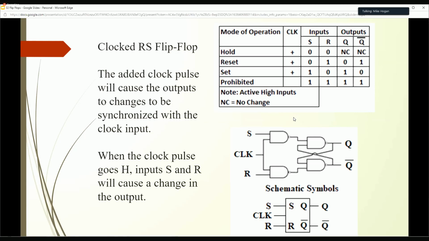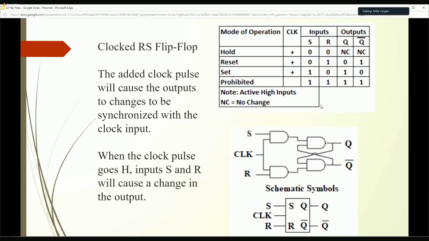They're all triggered off of that leading edge. And so as soon as you get that low to high transition, then whatever those inputs are, you're going to get the output on Q. And it's going to hold it there until it gets another positive clock pulse plus an input that tells it to change.